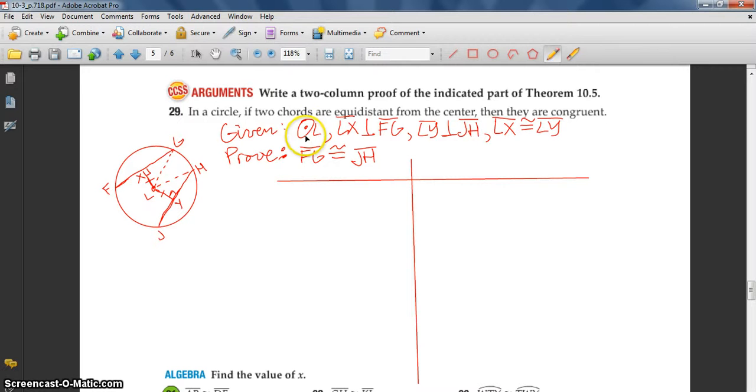Alright, we'll start off with LG is congruent to LH, because radii of the same circle will always be congruent.